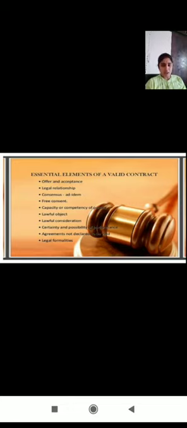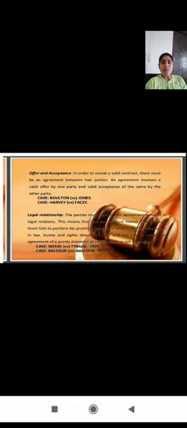The first is offer and acceptance, the second is legal relationship, then consensus ad idem, free consent, capacity or competence of parties, lawful object, lawful consideration, certainty and possibility of performance, agreements not declared to be void, and legal formalities. These are the 10 essentials of a valid contract. We'll discuss them in depth.